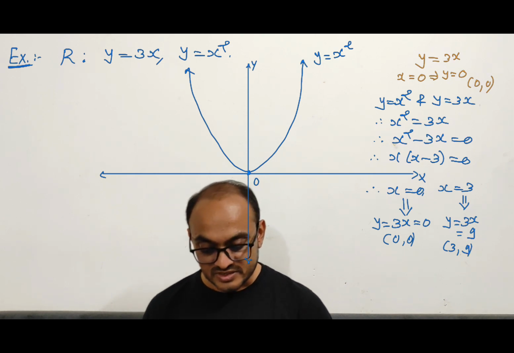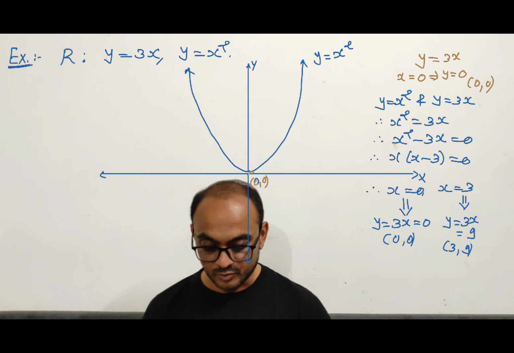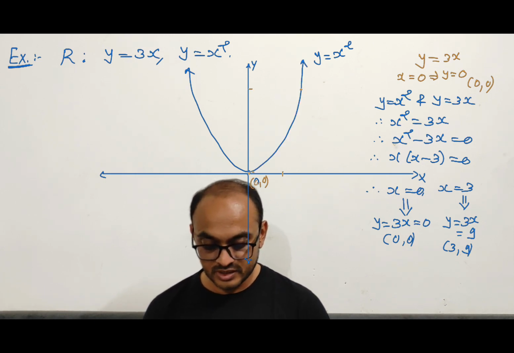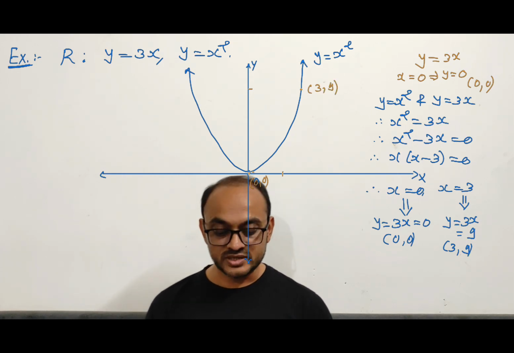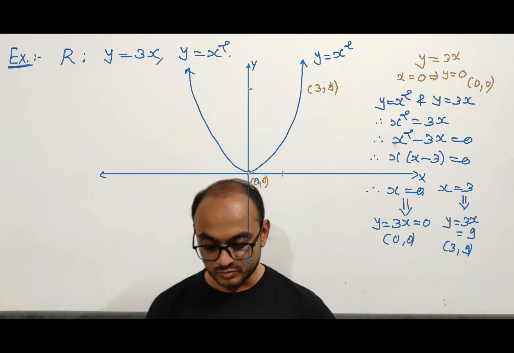So when x is equal to 3, y goes to 9. The line is passing through these two points: one point is the origin 0, 0 and the other is x equal to 3, y equal to 9. Approximately, suppose this is 3, then this is 9. So this point is x equal to 3 and y equal to 9.